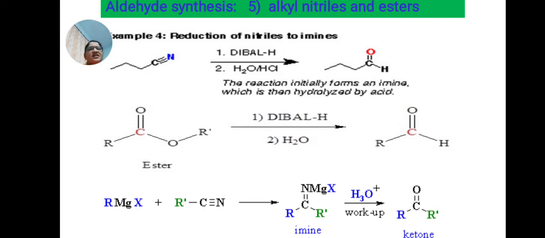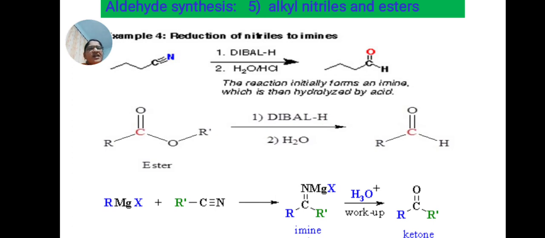Then the second example, from an ester, that is from RCOR', again by diisobutyl aluminum hydride and H2O, it gives an aldehyde, RCHO. Then the third one is from Grignard's reagent, having formula RMgX.